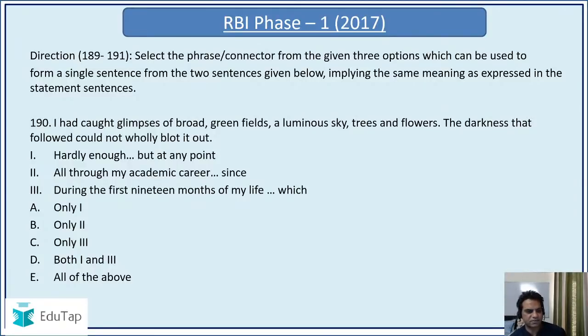Since the darkness that followed could not wholly blot it out. During the first 19 months of my life, I had caught glimpses of broad green fields, a luminous sky, trees and flowers, which the darkness that followed could not wholly blot it out. Yes, guys, which do you think is the correct option here? Quickly read it out, and everybody has to give me his or her answer, guys.